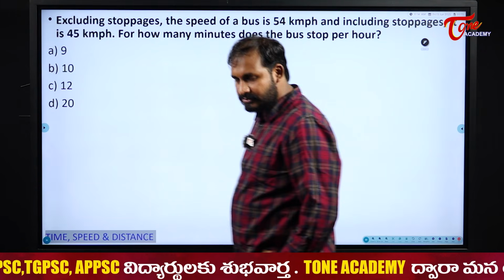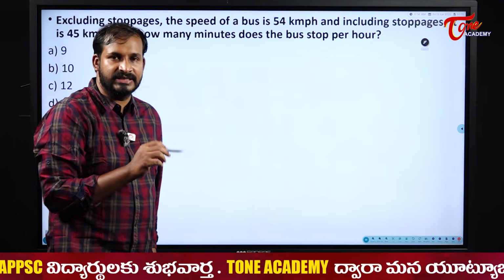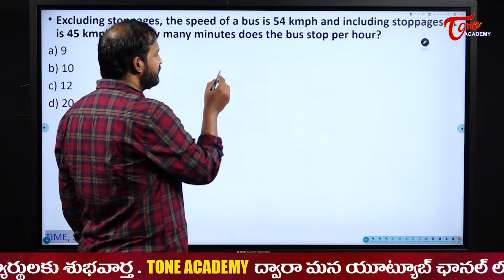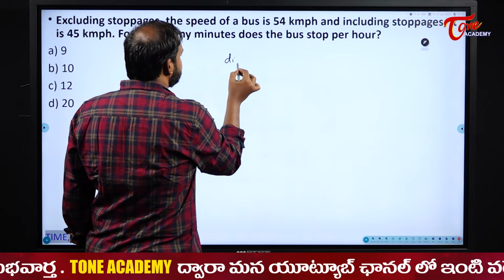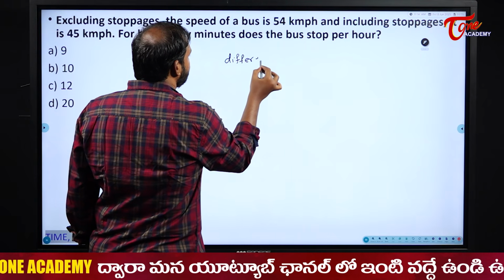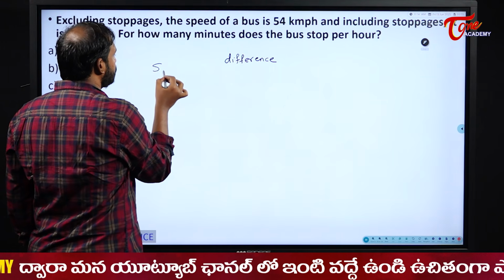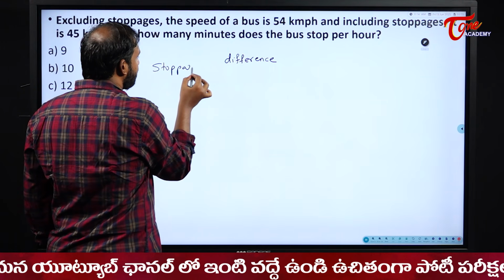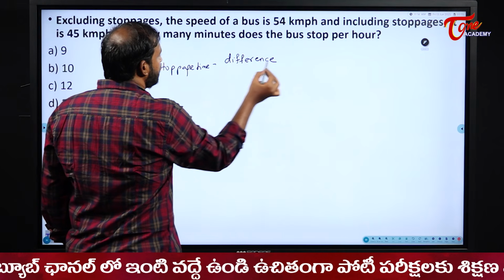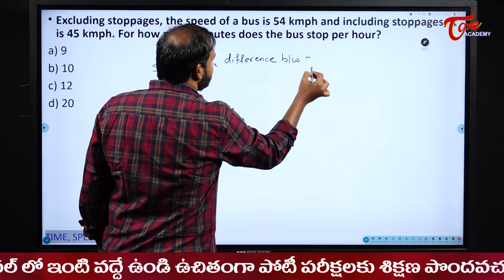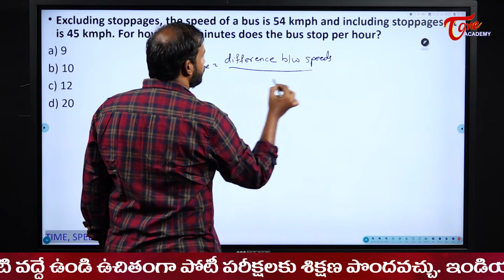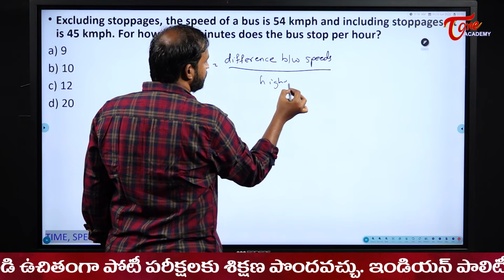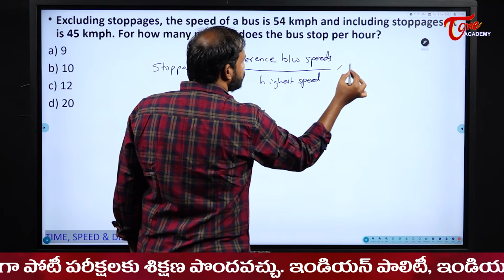Next one. This one is regarding the stoppage, students. Please see here, there is a formula for this one. Stoppage time is equal to the difference between speeds by the highest speed, into 60 minutes.